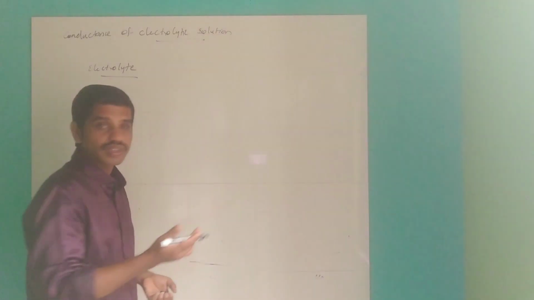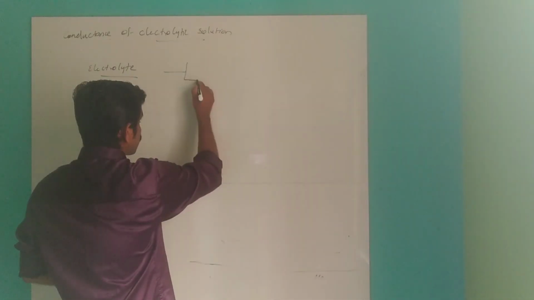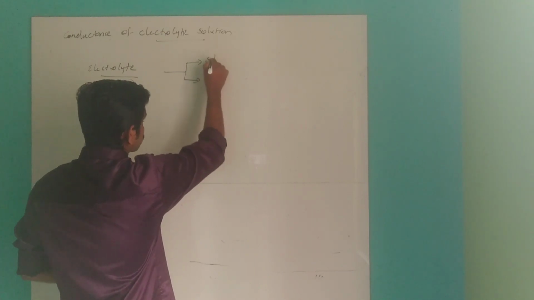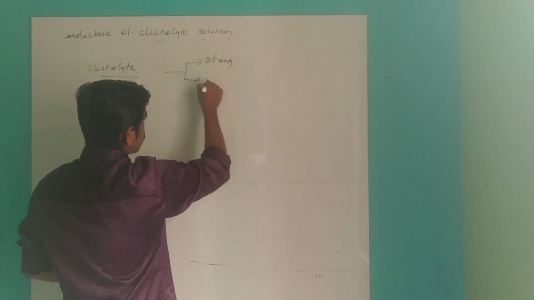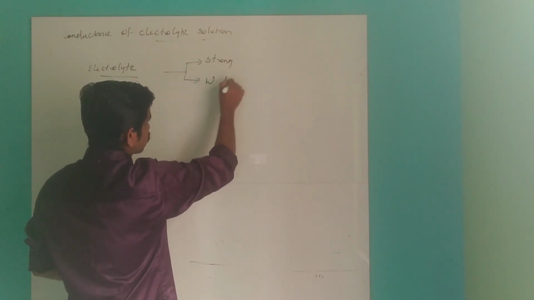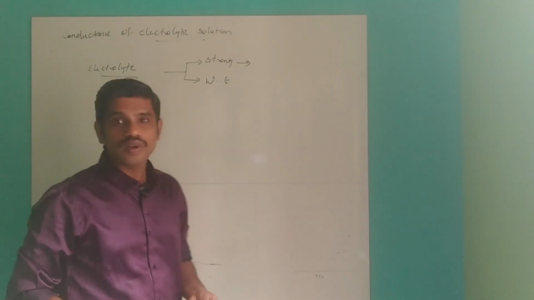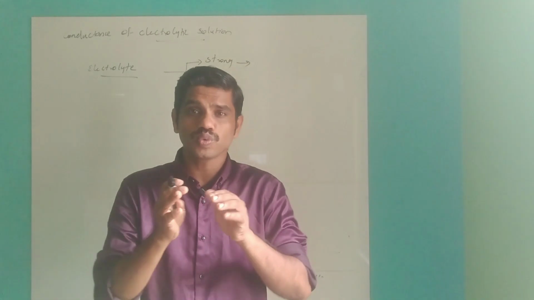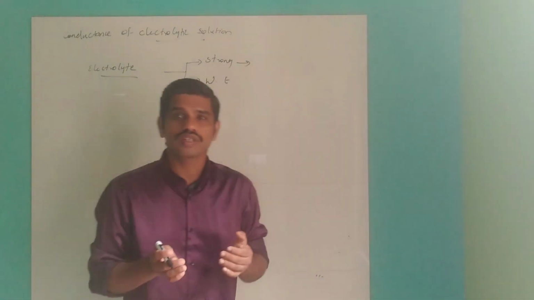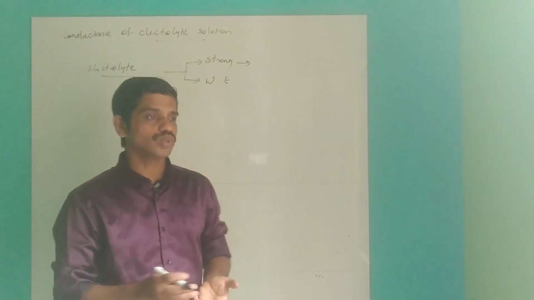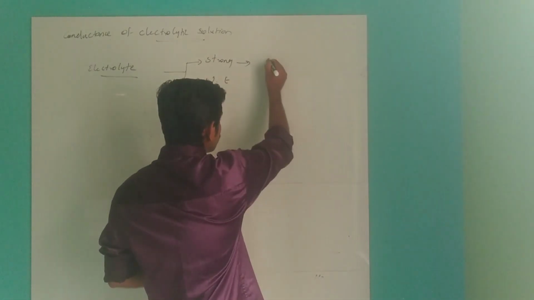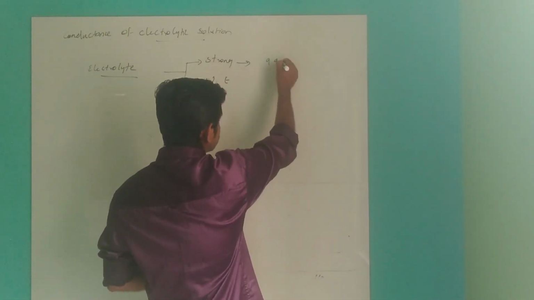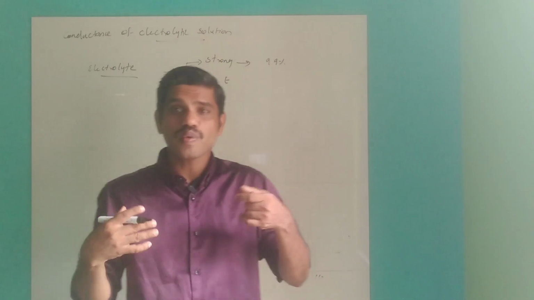Electrolytes can be classified into two types: strong electrolyte and weak electrolyte. Strong electrolytes dissociate into a large number of ions in solution, so 99% or 100% is in ionized form.